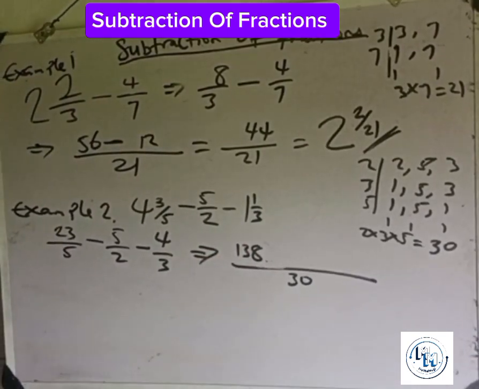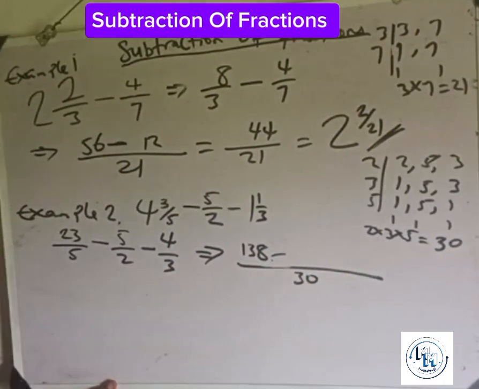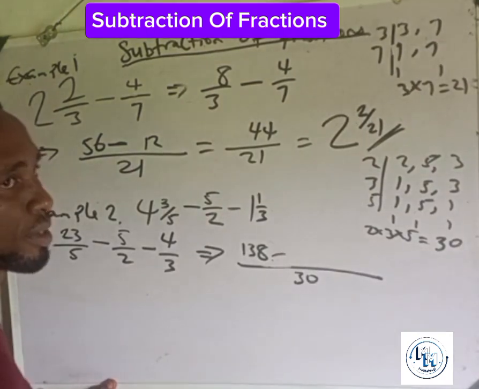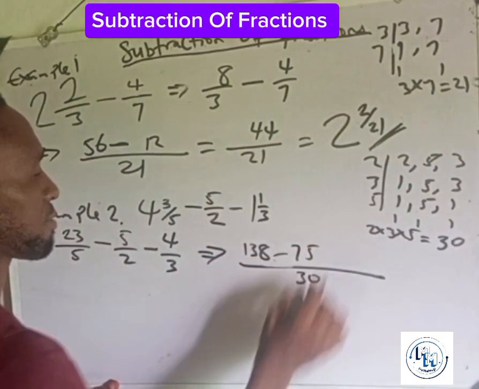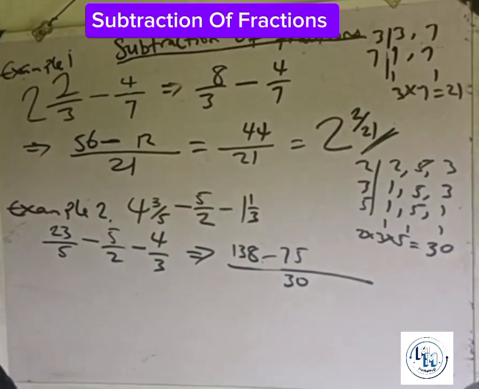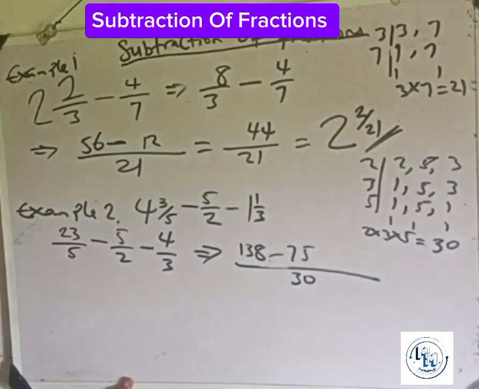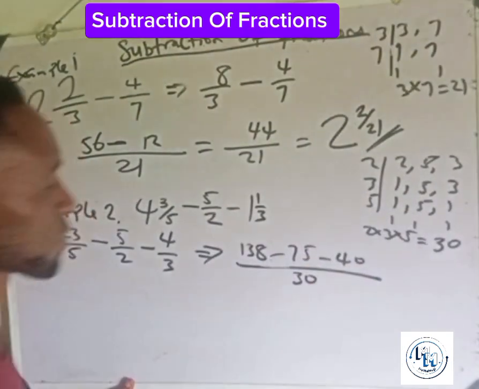Right? So that gives 138. Then for the second one, minus 30 divided by 2 is 15. Right? 15 times 5 is 75. The last thing is 30 divided by 3 is 10. 10 times 4 is 40.